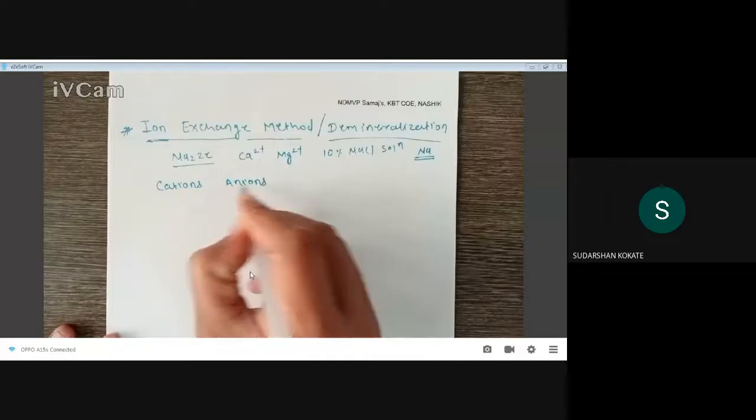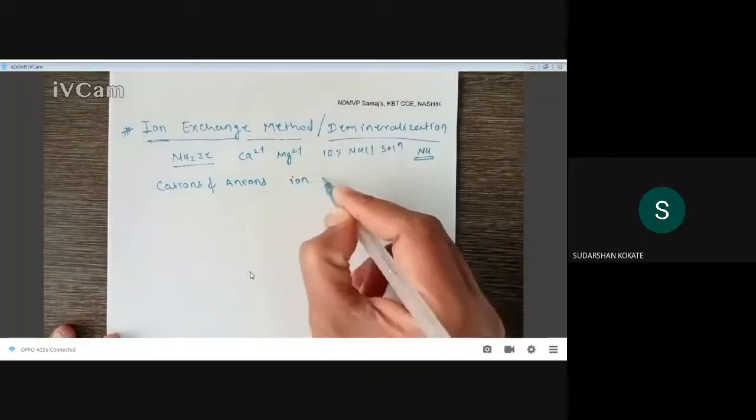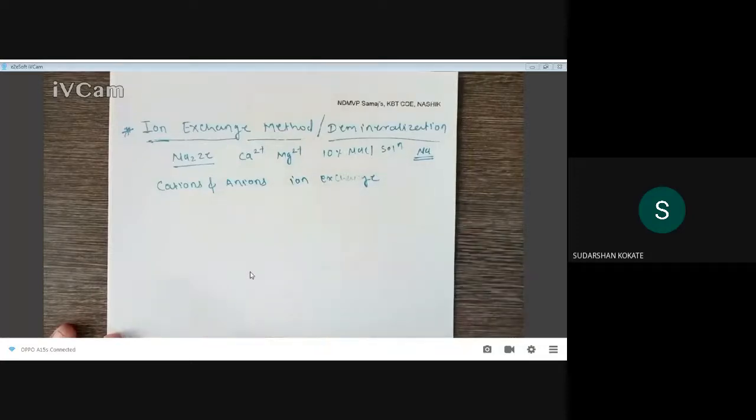So both types of impurity are present in your water sample. And for the removal of both types of impurity, we can use what? Ion exchange method can be useful for the removal of both types of impurity.